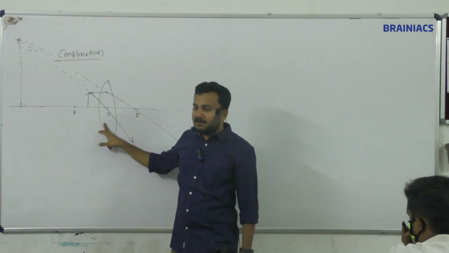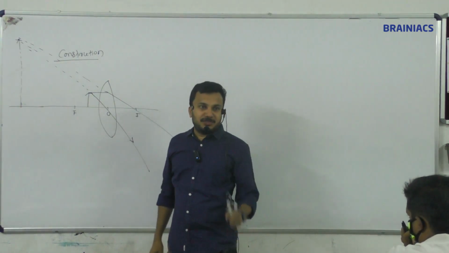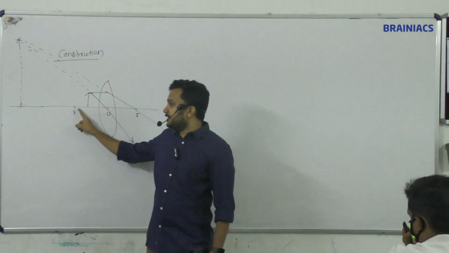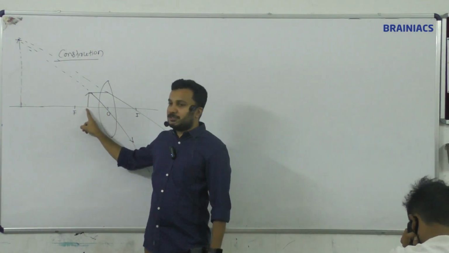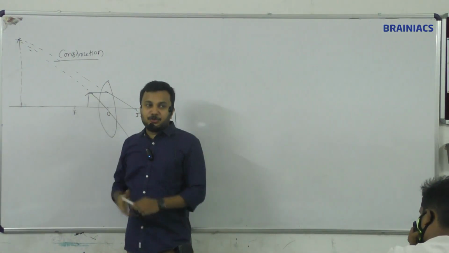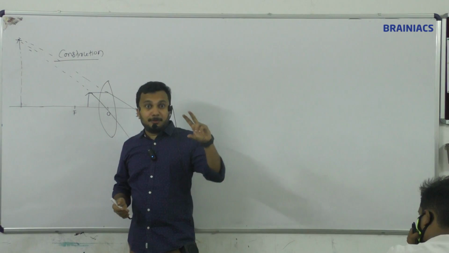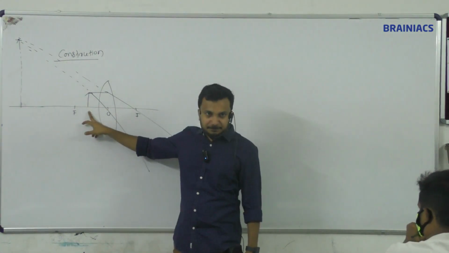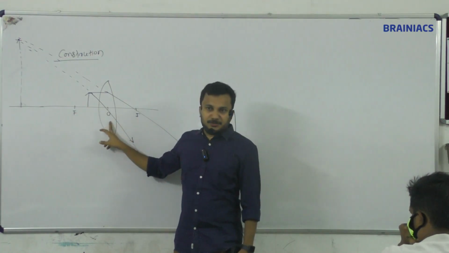Second one is what? The position where you place the object is important. If you place the object very close to the lens, then you get a bigger image. So 2 factors depend upon the magnification of a microscope. One is where you have placed the object. Second one is what lens you are using.